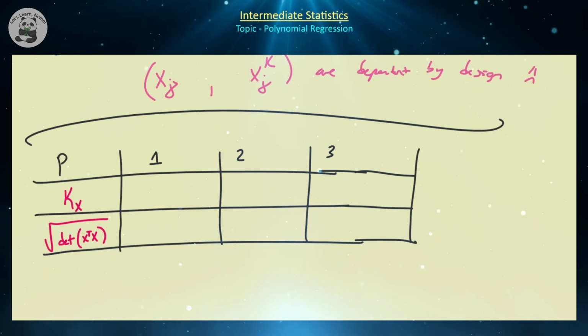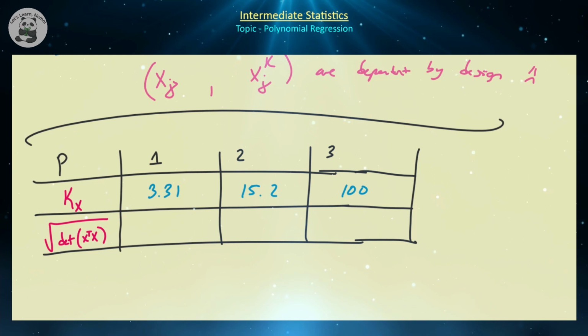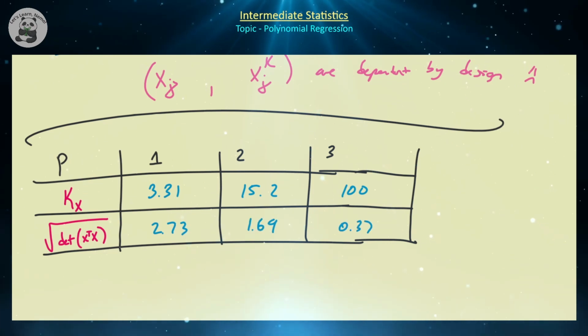So one can find that the condition number for our models 1, 2, and 3 is 3.31, 15.2, and a number approximately equal to 100. And the square root of the associated determinant of the X transpose X matrices for each of these models, one can find is 2.73, 1.69, and 0.37.